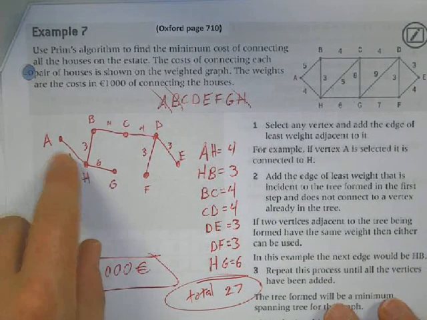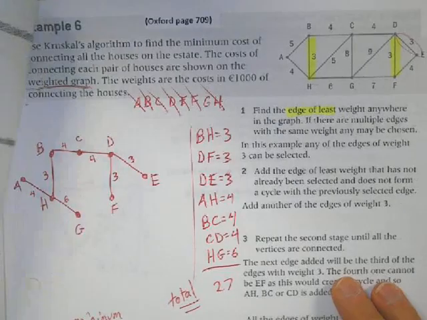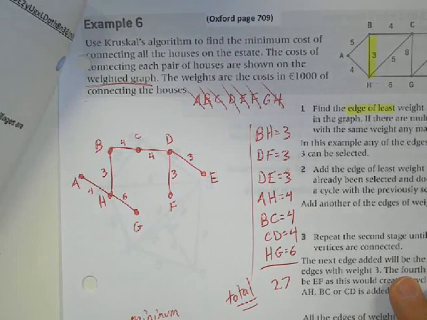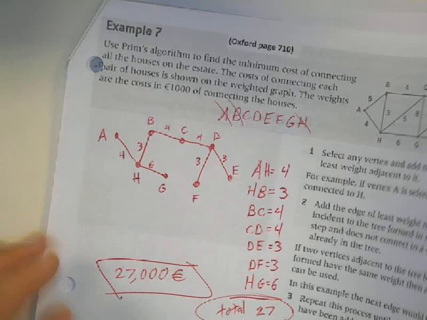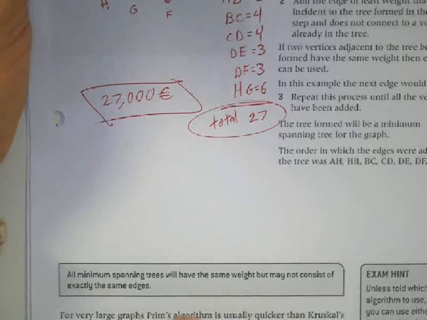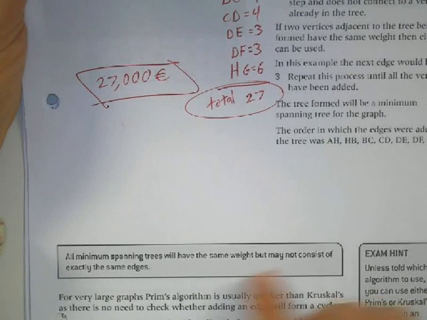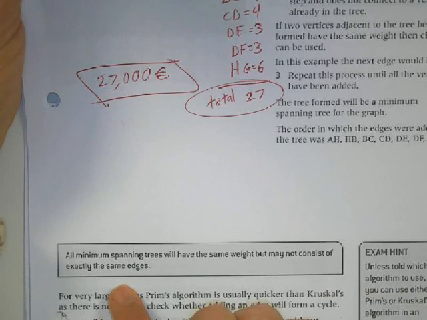But look at the shape of this compared to the one on example 6. It connected it differently, but if you add the totals, this should be the same.